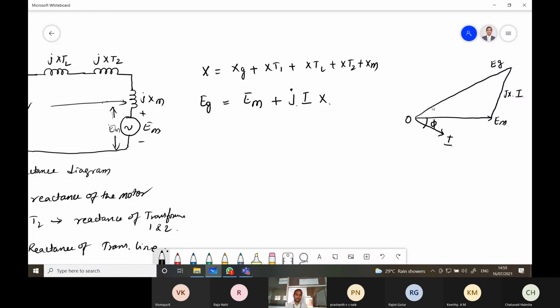So now this angle is called the delta angle. Therefore EG at an angle delta we can write it. Now take the current outside: I is equal to EG minus EM divided by jX, equation number 1. This is called figure 3, the phasor diagram.